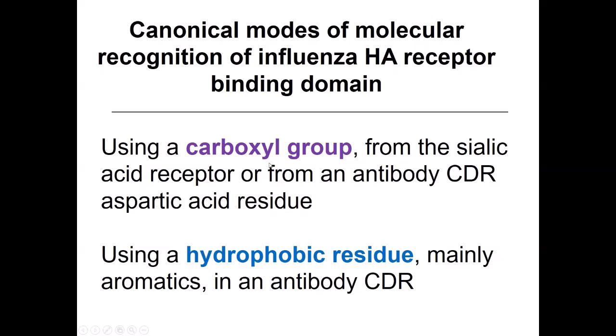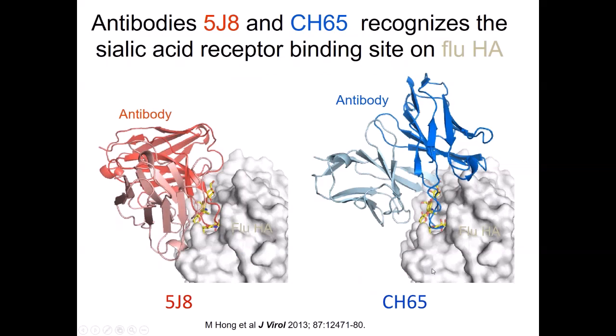One is to put a carboxyl group mimicking sialic acid receptor. You can do that with an antibody CDR that displays an aspartic acid residue at the tip. The other way is to have a hydrophobic residue at the tip, and these are typically aromatics. I'm going to just show you examples of that.